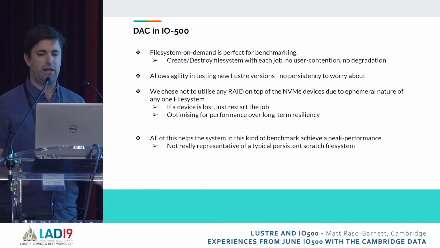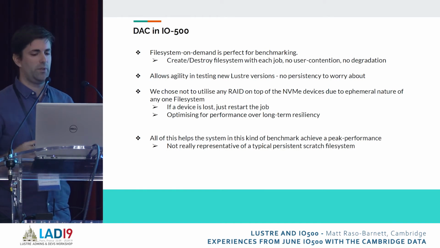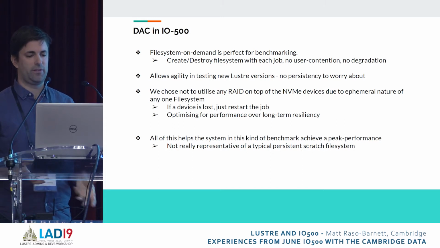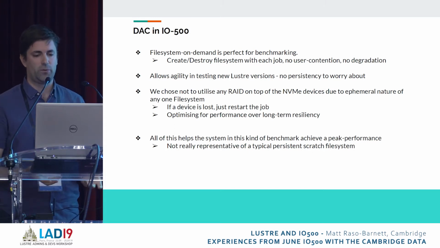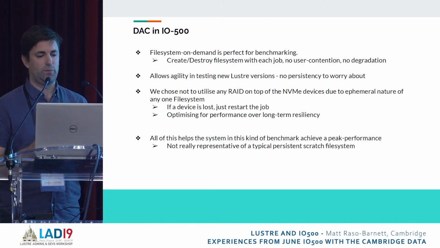We don't have to worry about the persistency of the data within each file system, because it's going to be erased at the end of the job. And as I said before, on this system we don't use RAID on top of the NVMe devices. If a device is lost, the model is just, okay, that device is taken out of the pool, and the user will have to restart that job and stage the data back in.